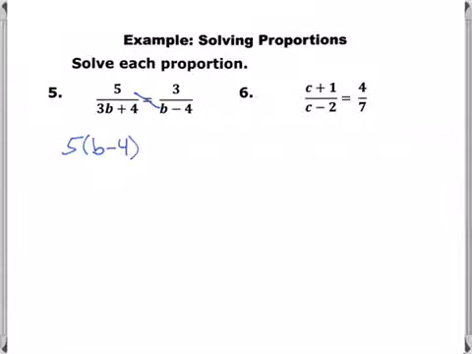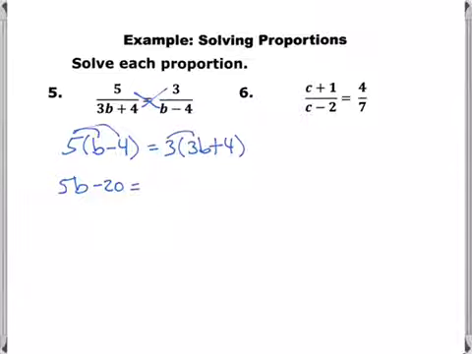Then I'll cross multiply the other way, and I get 3 times 3b plus 4. Now I distribute. 5 times b is 5b. 5 times negative 4 is negative 20. Then 3 times 3b is 9b, and 3 times 4 is 12.